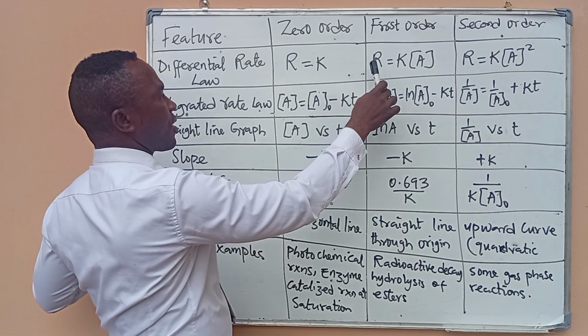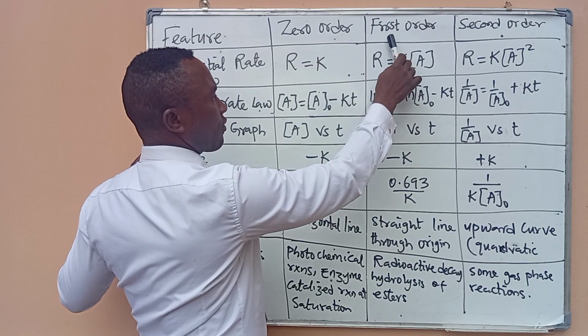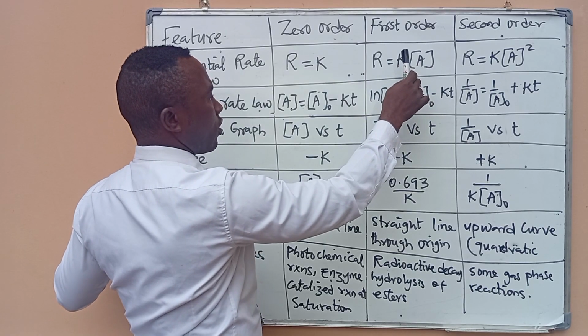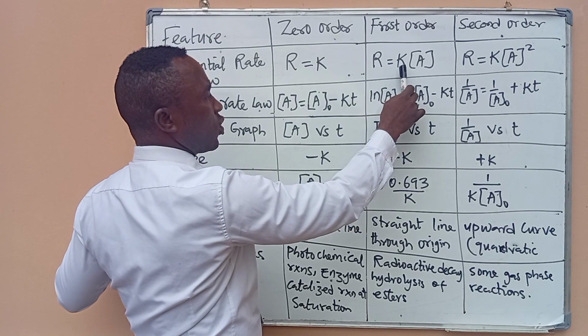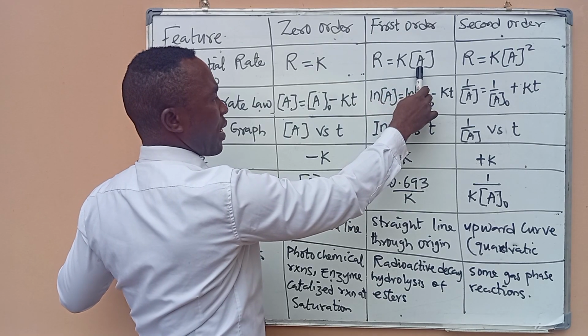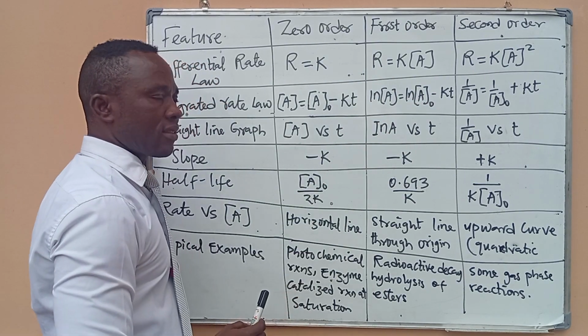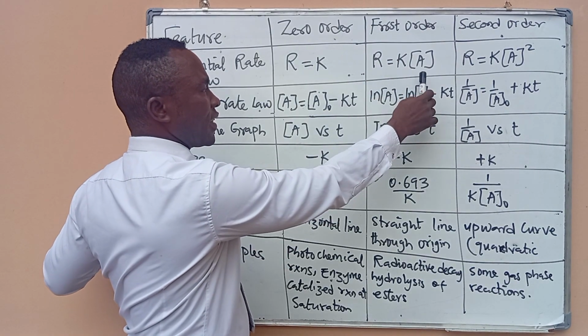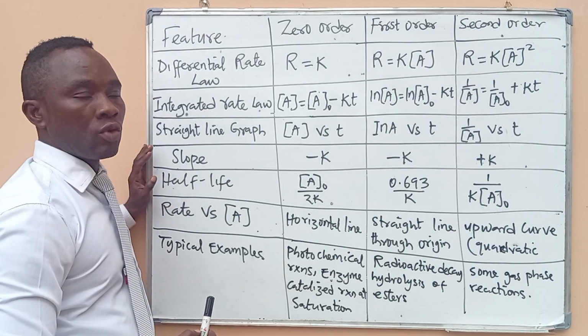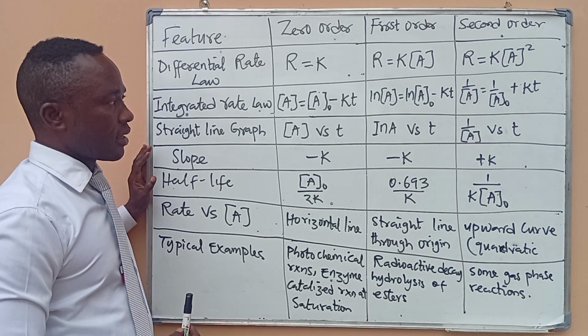Now, the differential rate law for first order reaction is that rate is equal to the rate constant multiplied by the concentration of the reactant. That is to say that for first order reaction, the rate is directly proportional to the concentration of the reactant.